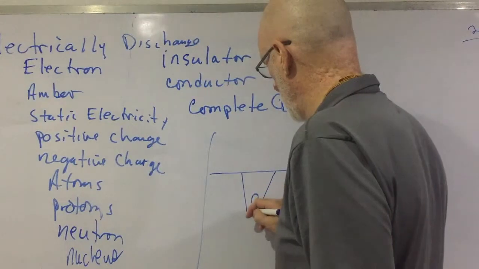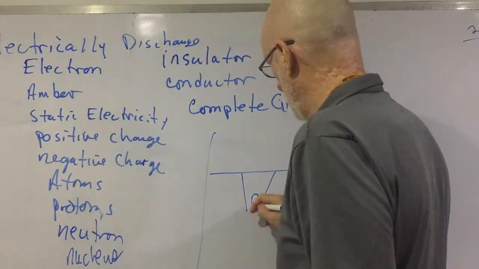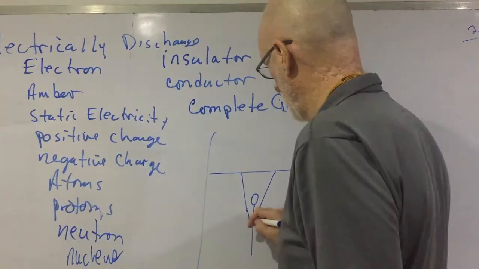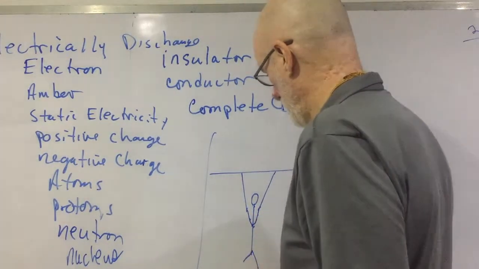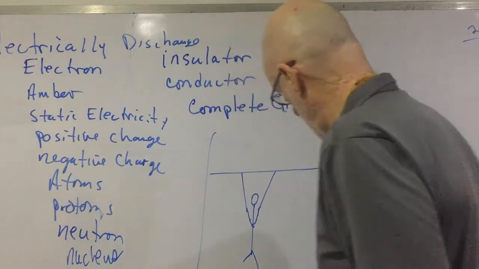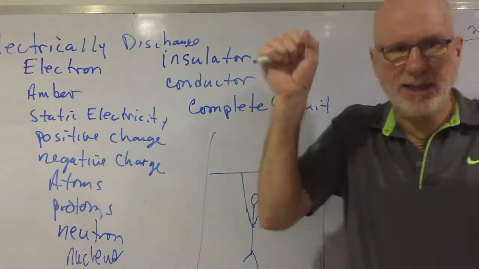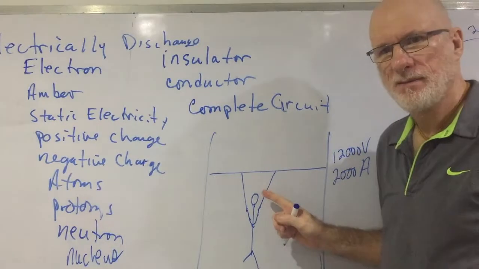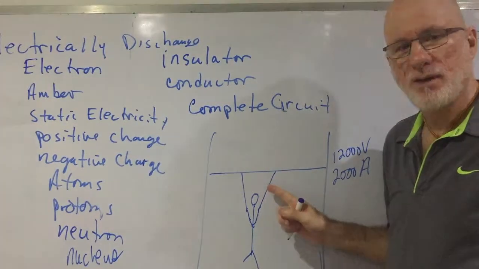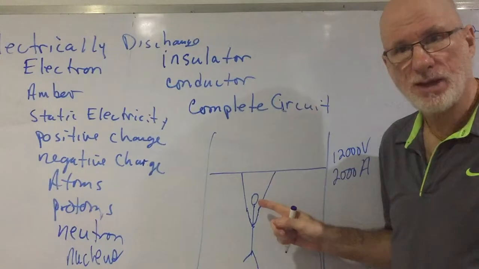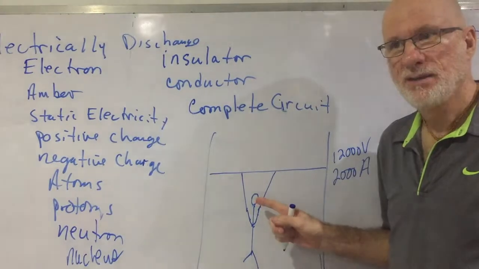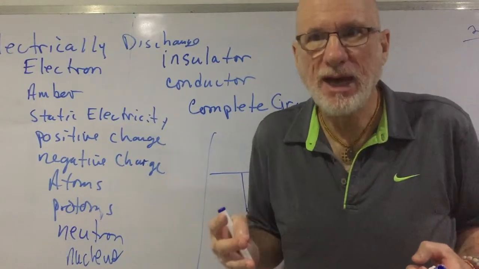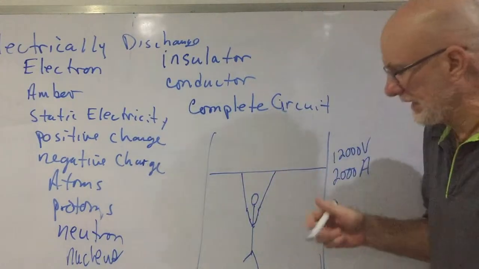Here's your head, here's your stick figure coming down, here's the poles, and here's the ground down here, and you're hanging from this wire. Are you dead? Why not? Because you're not touching the ground. There's no place for the electricity to go. You're not completing the circuit.